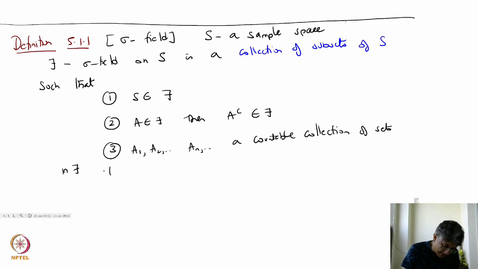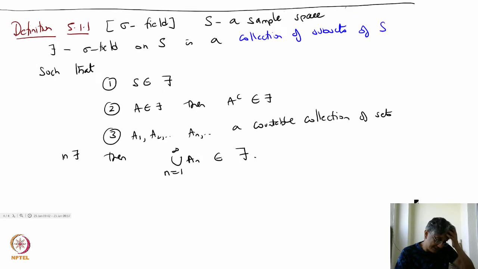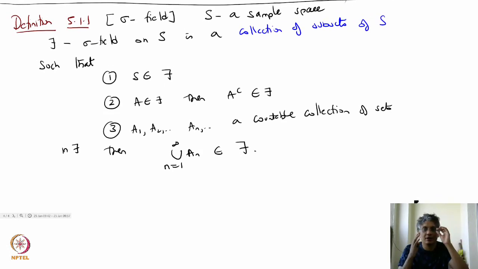Then their countable union is also in F. So that's the rule book I place on my collection of subsets that I want to play with.